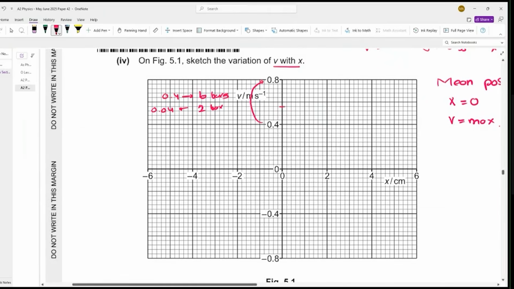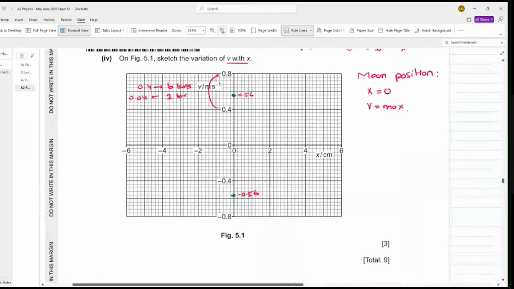So somewhere here will be 0.56 and this will be negative 0.56. So at the mean position, your velocity can be either positive maximum or negative maximum. You can mark these two green points.